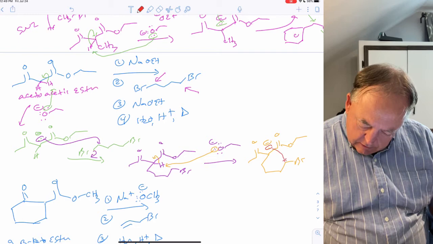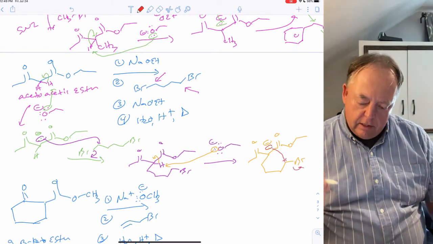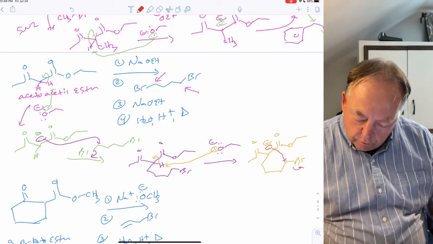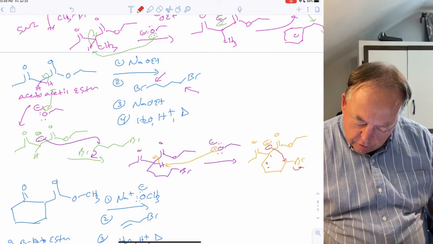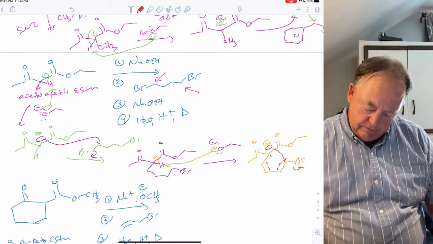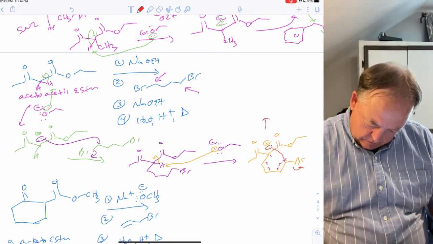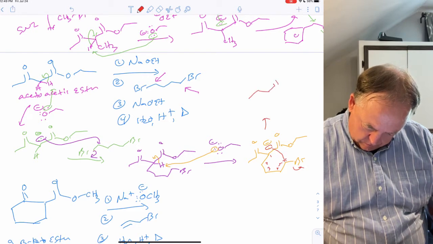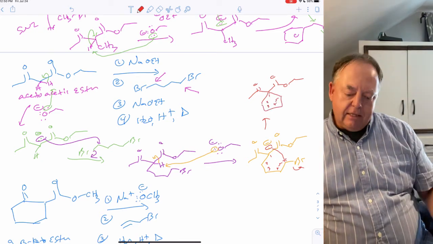So take the lone pair, react there, kick the bromine off, and so now that closes into a ring. So that would be 1, 2, 3, 4, 5-membered ring. Right, so you would make that.